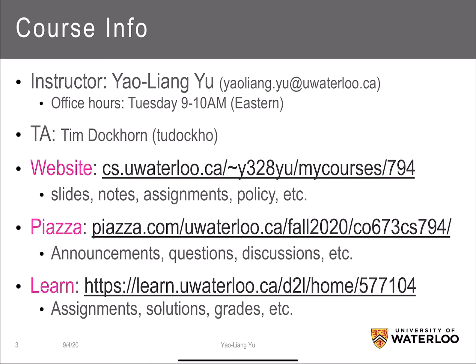If this office hour does not work for you, you can always reach me through my email and we can book a time. I will share the room link for the office hours on Piazza, so I didn't want to put it here. And we have one TA, tim.com, who you can reach through his email as well.